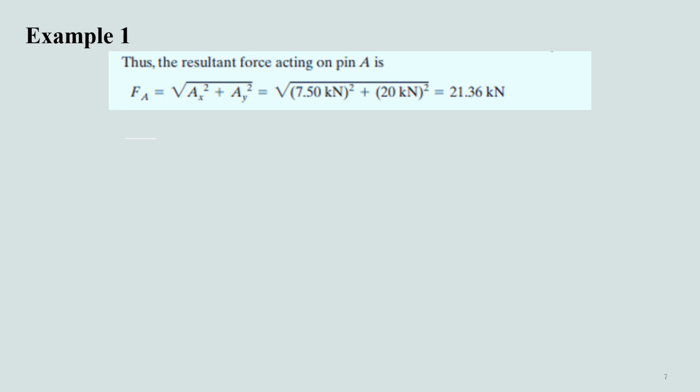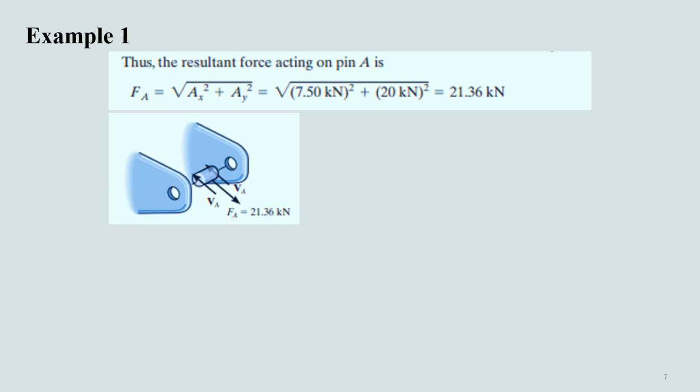The resultant force acting on pin A is just the square root of the sum of AX squared and AY squared, and this comes out as 21.36 kN. It is very important to note that pin A is supported by two fixed leaves, so the center segment of the pin has two shearing surfaces between the beam and each leaf.